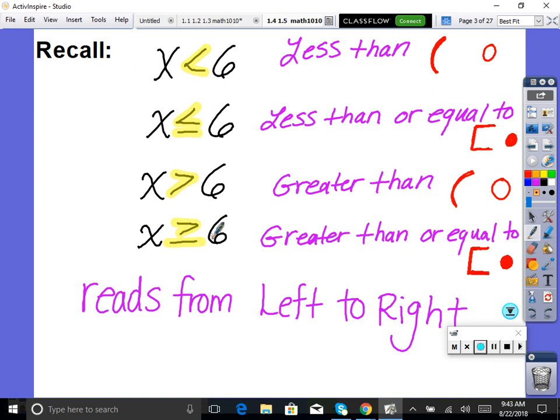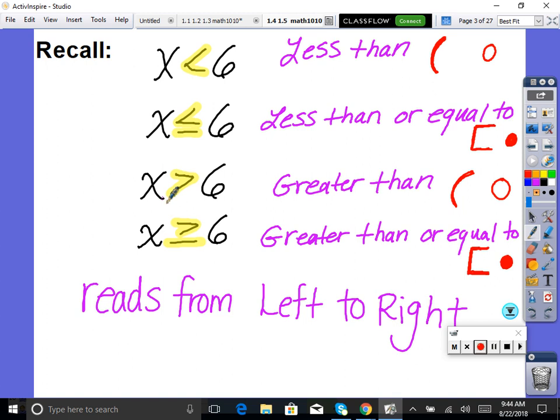When we start putting these in interval notation or on a number line, there's notation you use to specify if it includes 6 or does not include 6. That's maybe something you'll want to make note of. Parentheses or open circles mean not including.